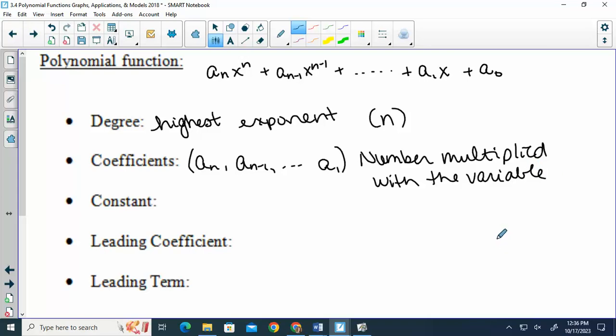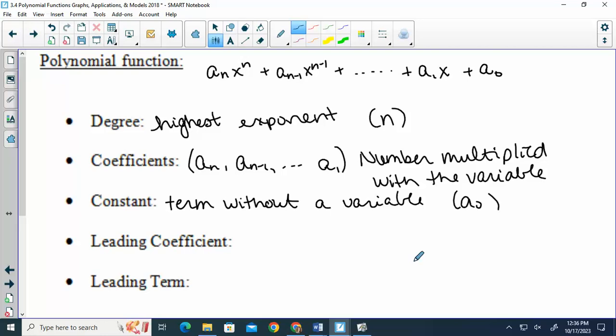What's a constant? Something without x. So in my scenario, that would be the a sub 0. Just a term by itself.